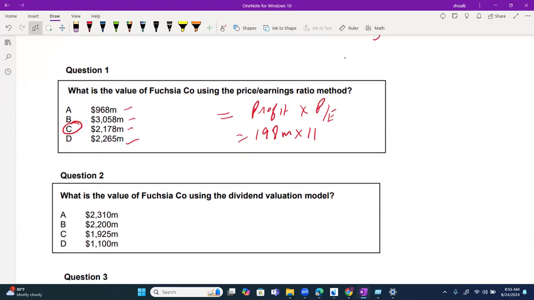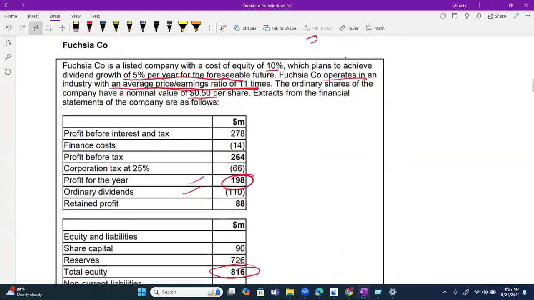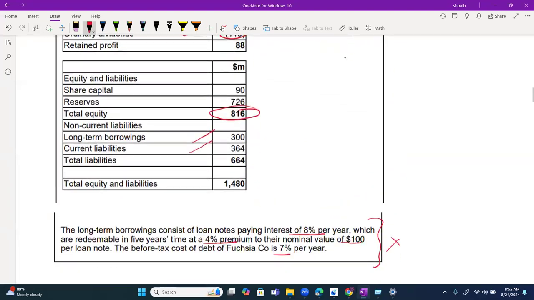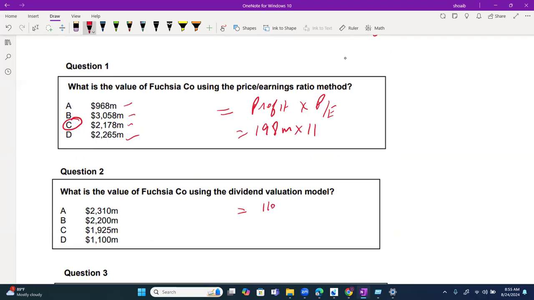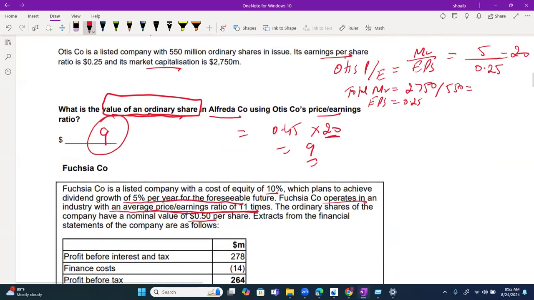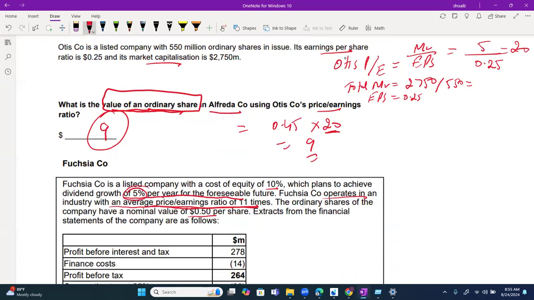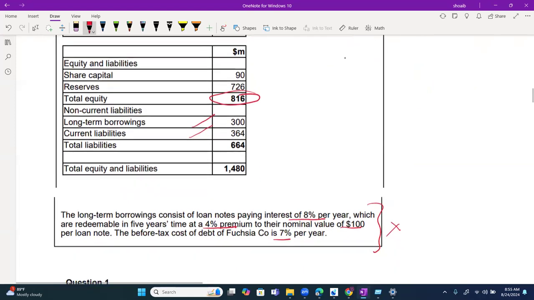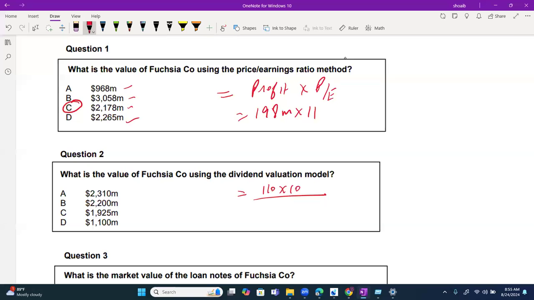What is the value of Fuchsia using the dividend valuation model? The dividend is given, 110. What is the growth? The company wants to achieve 5% growth, and cost of equity is given. It's a very simple question. If you are solving these questions and then you solve a Kaplan question, there is a huge difference.